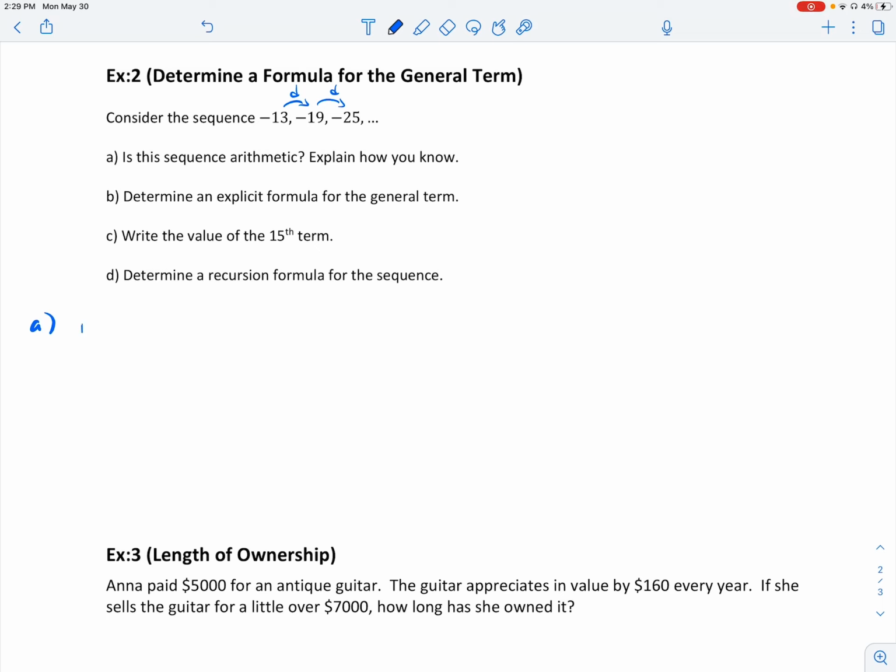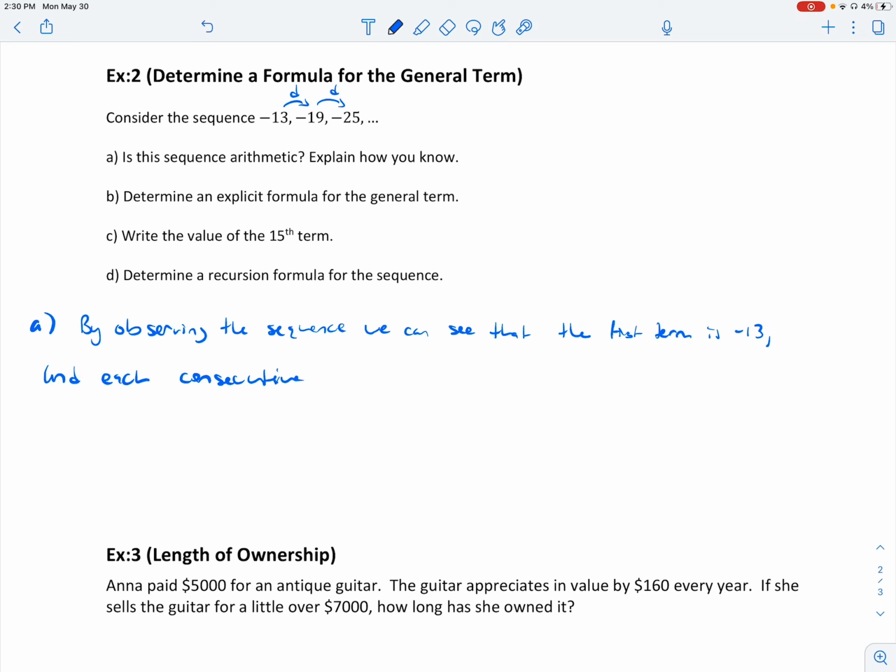So we can say by observing the sequence, we can see that the first term is -13, and each consecutive term decreases by 6. Therefore, it is arithmetic.